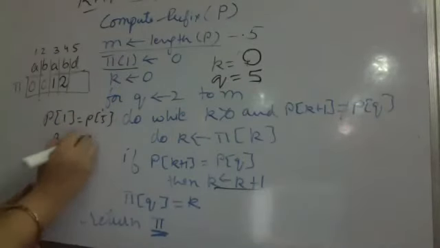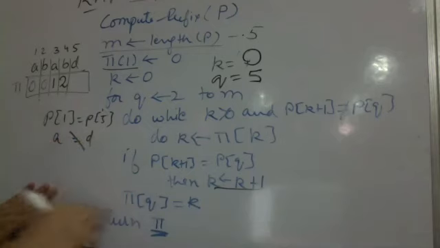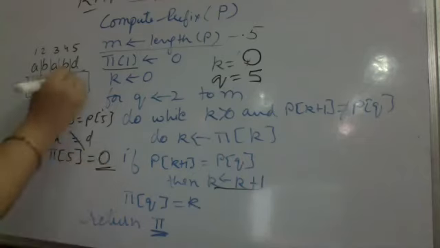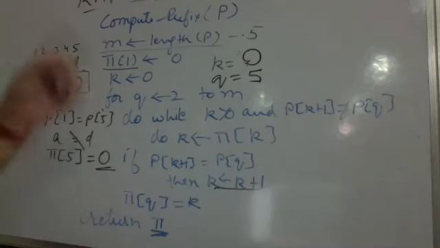A is not equal to B. This is false. I go here. This says table value of 5 is equal to K, which is 0. That means I store a 0 here. So this is how my algorithm is working, and I have constructed the pi table. The same example as I have given earlier. Clear to all?